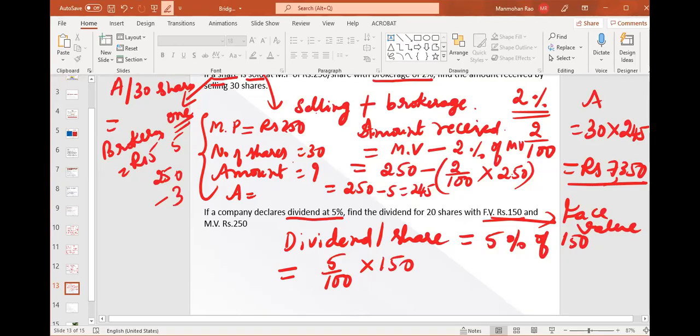The zeros get cancelled, and dividend per share, which is always money, is rupees 7.5. Dividend for one share is 7.5 rupees.